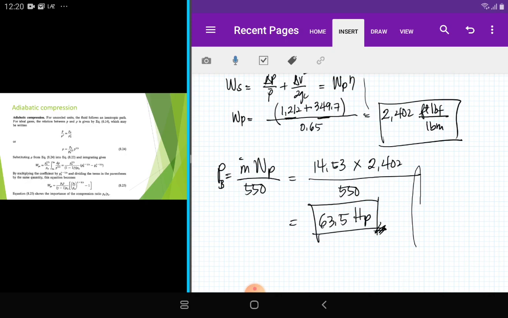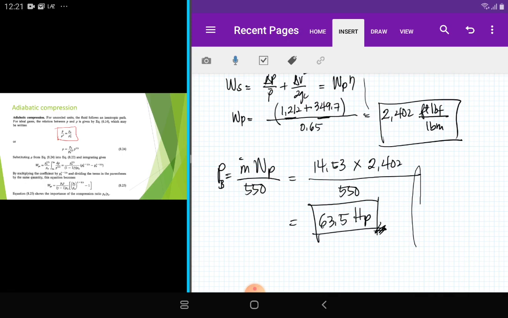We have pressure over the density raised to the ratio of the specific heats, Cp over Cv, is equivalent to the inlet pressure divided by the inlet density raised to the ratio of the specific heats.